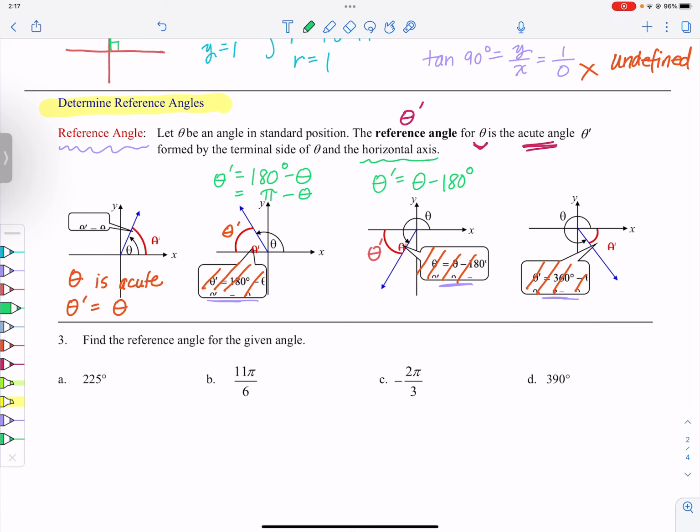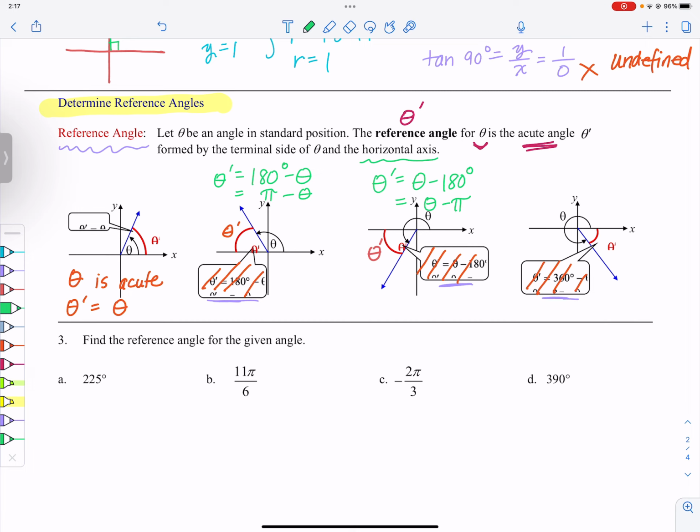Yes. So then what would we have? We would also have theta minus pi. So we could go ahead and have either one of those. So what do we do? We just cut this part off and we're left with our reference angle.